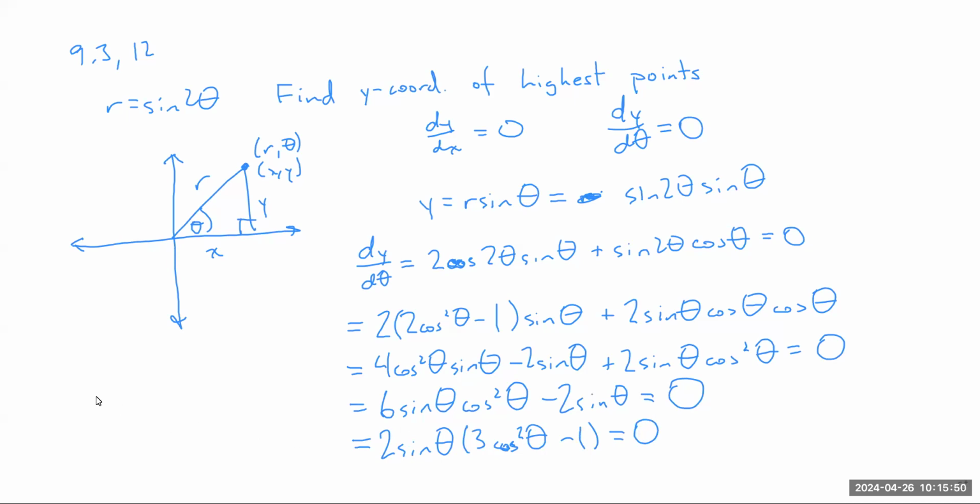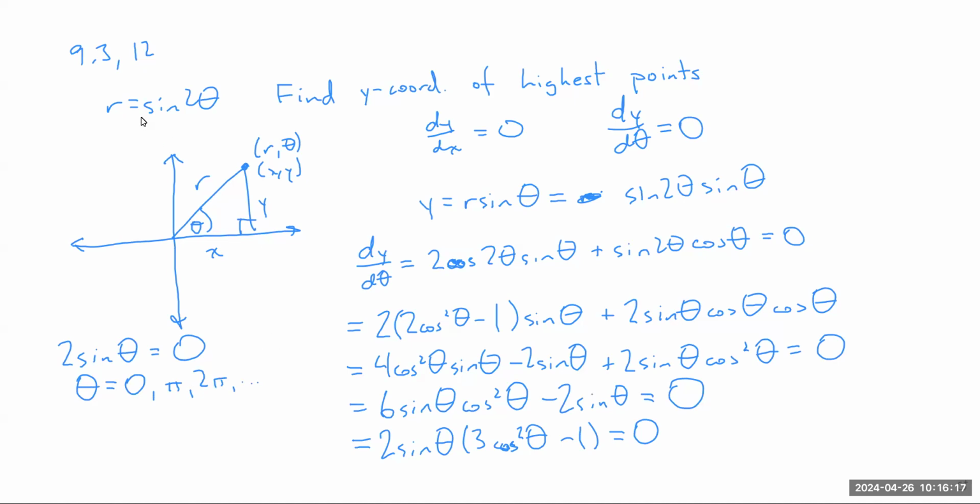So from there, I can break that up into 2 equations, right? 2 sine theta equals 0. So let's actually solve that one first. Where is sine theta equals 0? 0, pi, 2 pi, and so on, right?